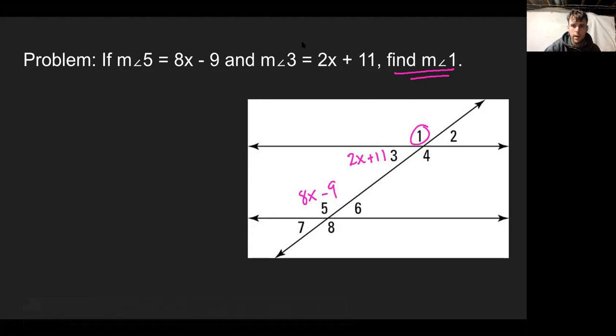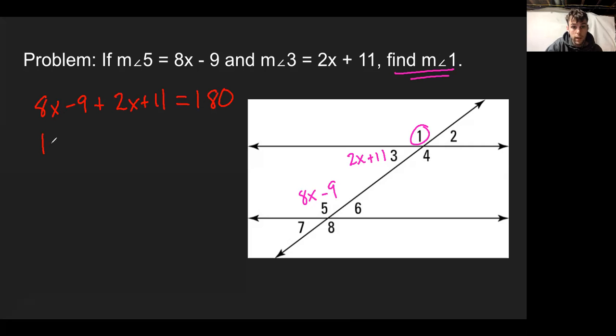All right. Here again, we have some same side interior angles, so we do know those are going to be supplementary, which means we get 8x minus 9 plus 2x plus 11 equals 180.